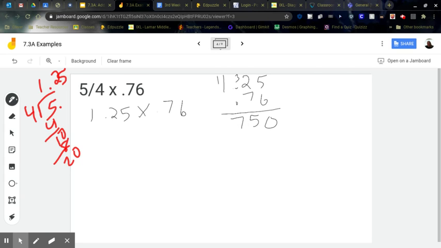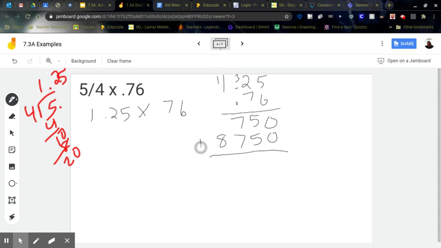So 750. Now for the next one, remember there's a 0 there, and then we go to the next digit. 7 times 5 is 35. Carry the 3. 7 times 2 is 14, plus 3 is 17. Carry the 1. 7 times 1 is 7, plus 1 is 8.